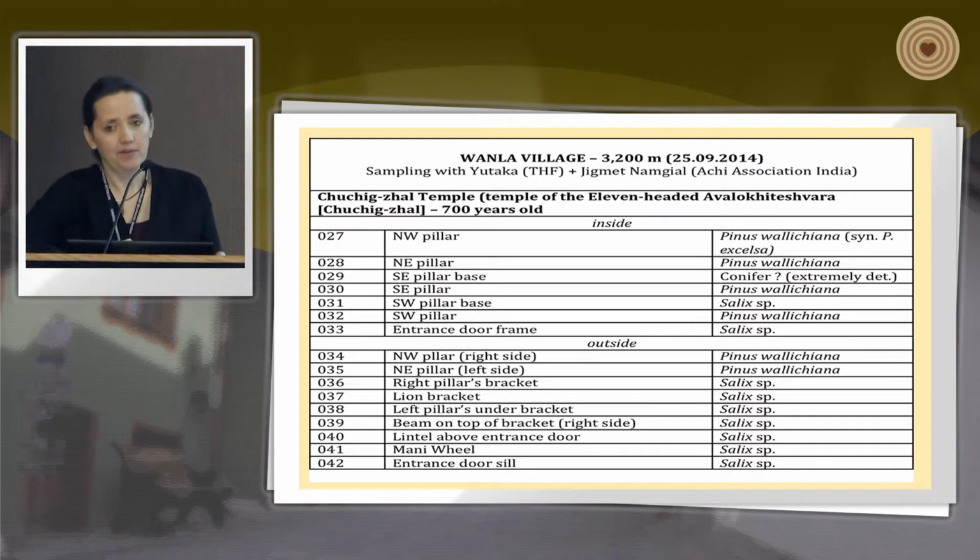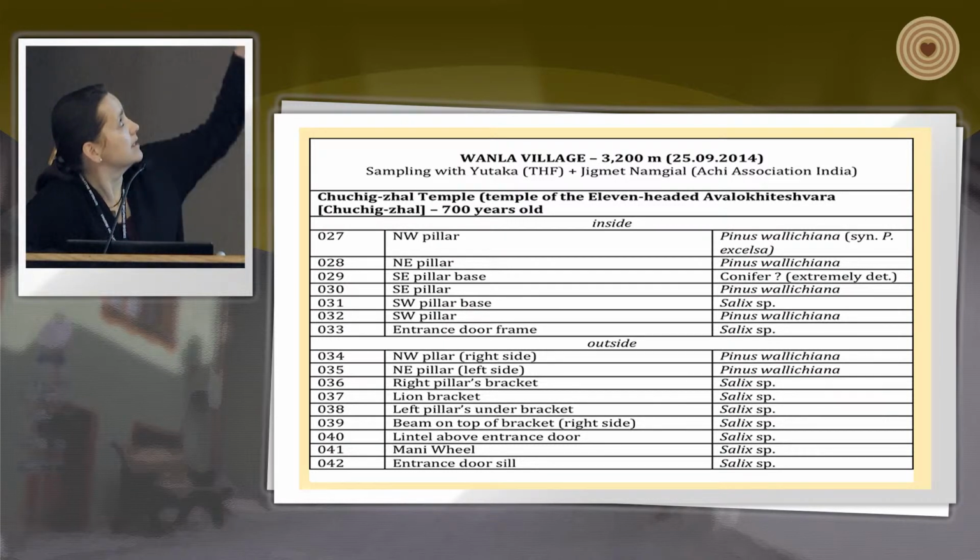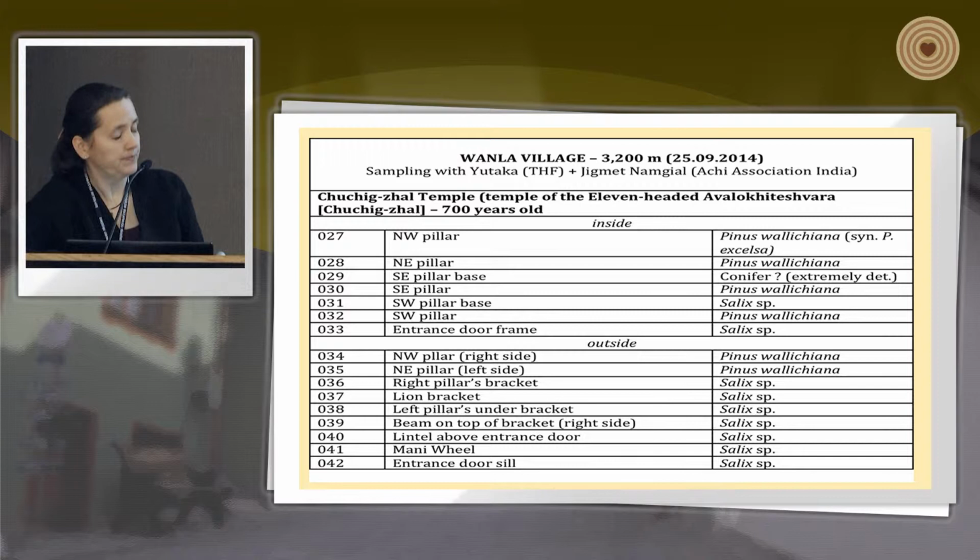These are 5-needle pine, Pinus wallichiana, and outside, the two pillars are made from pine and the rest from salix, from willow, because this has been restored by the Achi Association, as you can see on top.